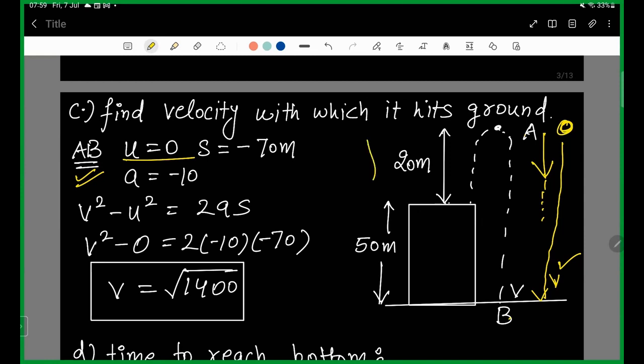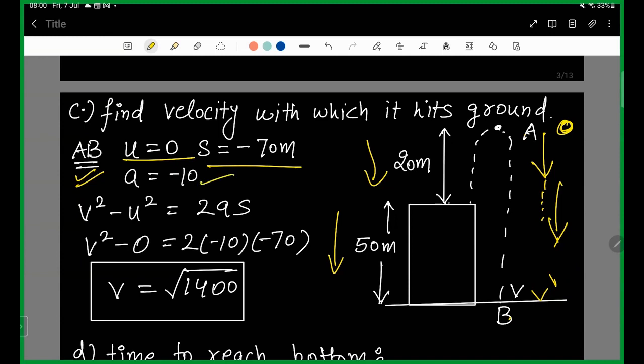You will cover the first 20 meters and then 50 meters. 50 meters is the height of the building and 20 meters is the ball above the roof of the building. So the total you have to cover is 70 meters. Since you will cover it in the downward direction, your displacement is minus 70.